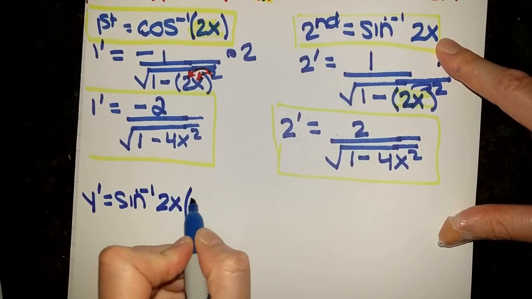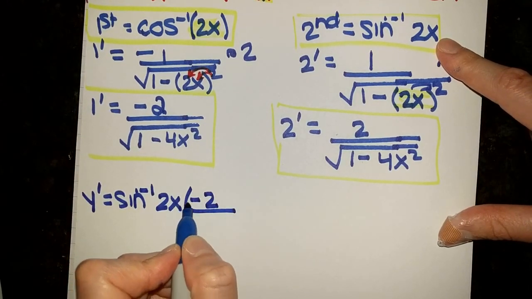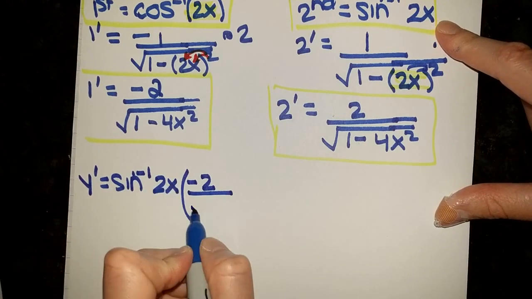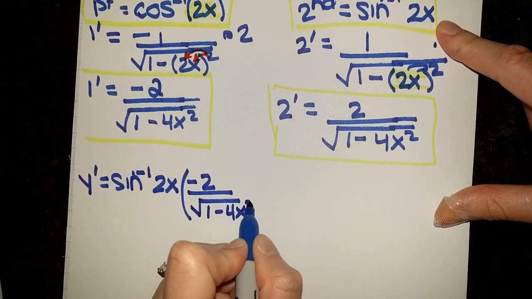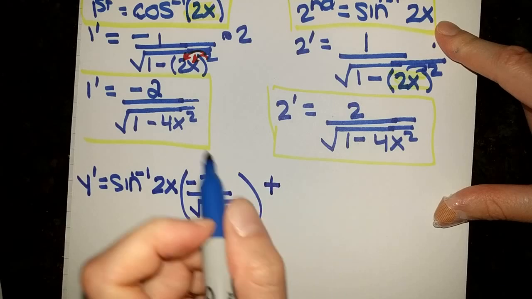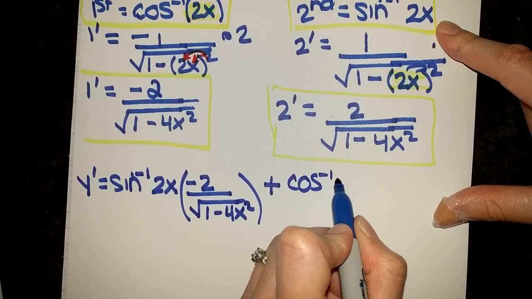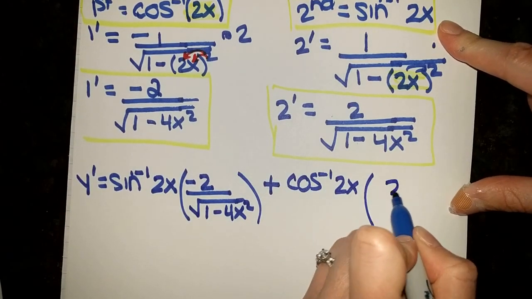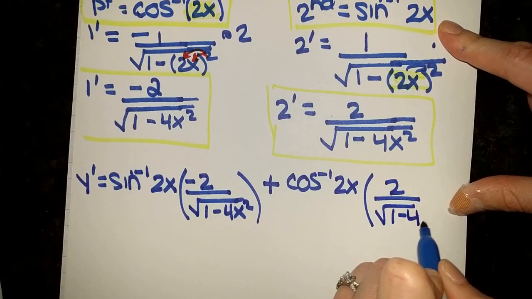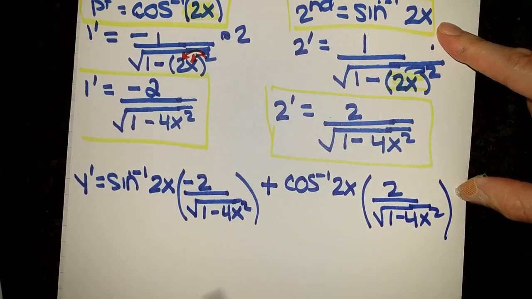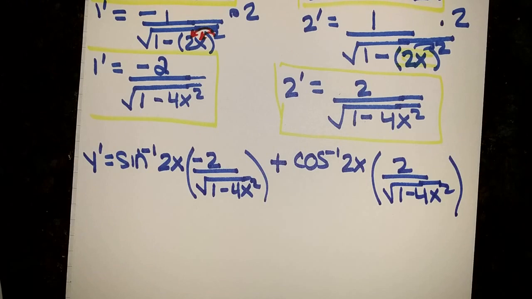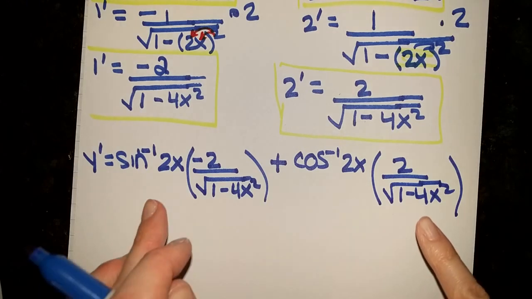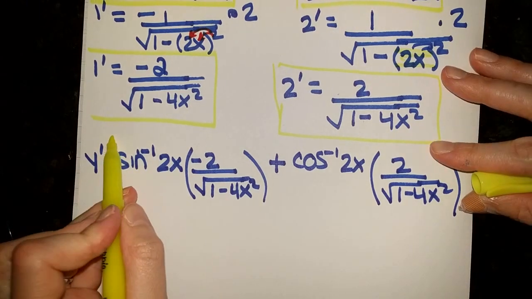And I'm going to put that in parentheses just to really emphasize that that is a negative that's being multiplied. And then 1 minus 4x squared. And then plus the other diagonal, cosine inverse of 2x times 2 over the square root of 1 minus 4x squared.